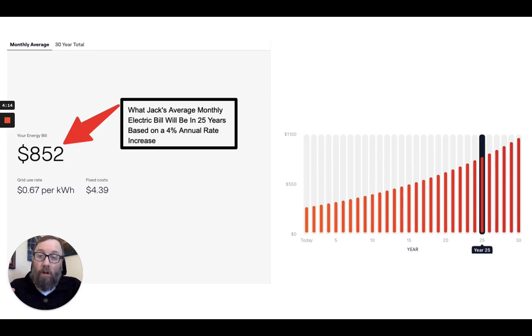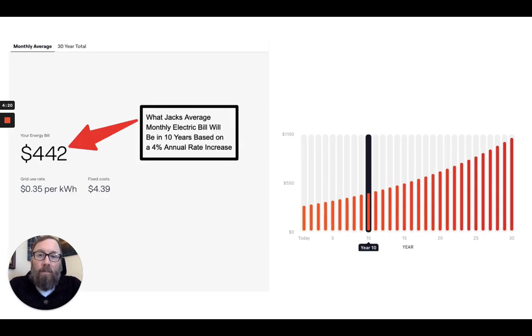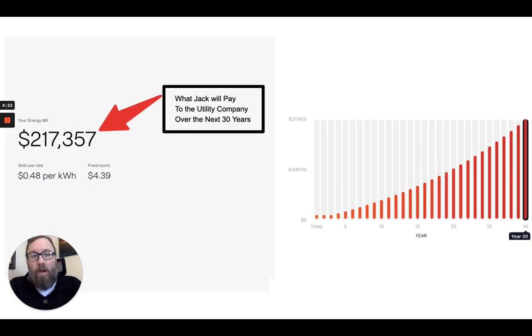Okay, but with solar, the real benefit of solar, and to get an idea of the cost of solar, this particular system. Okay. I got a little ahead of myself there. So over the next 30 years, Jack is paying $217,000 to the utility company, right?